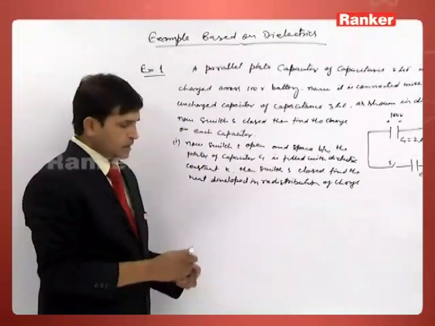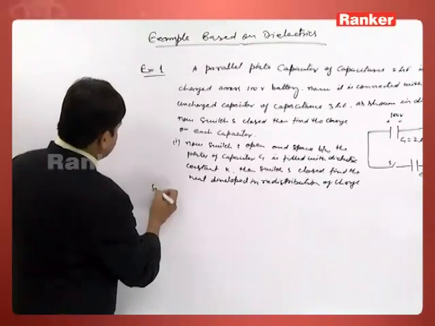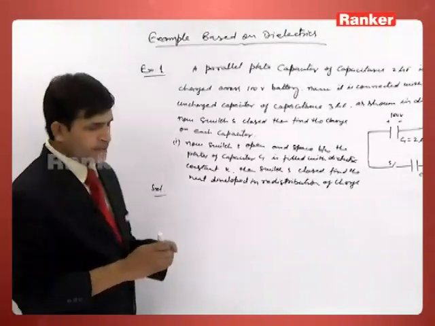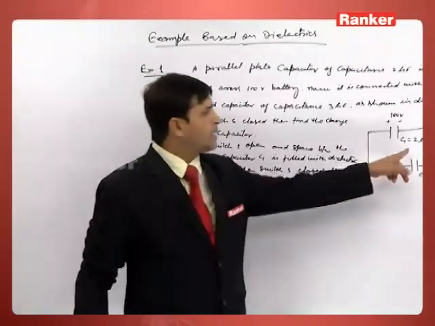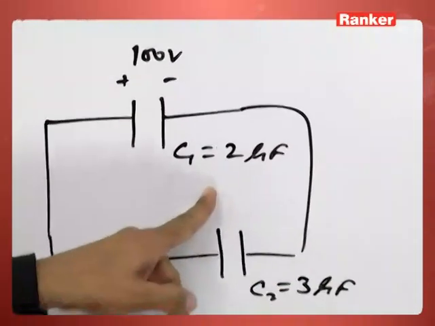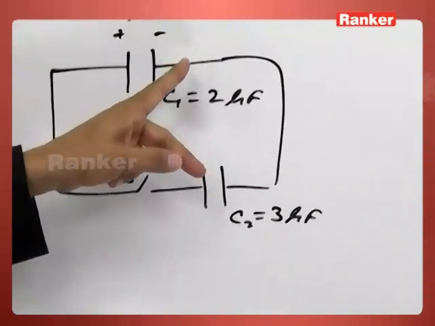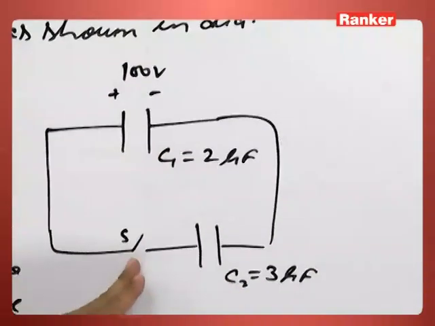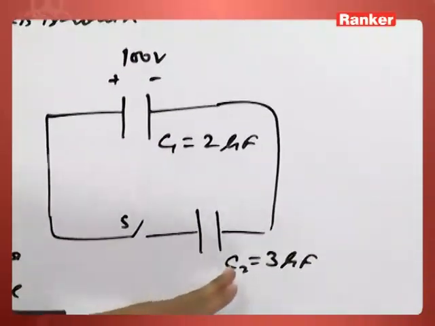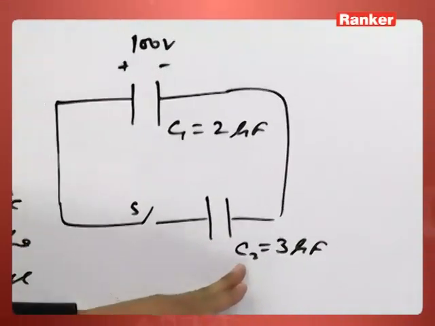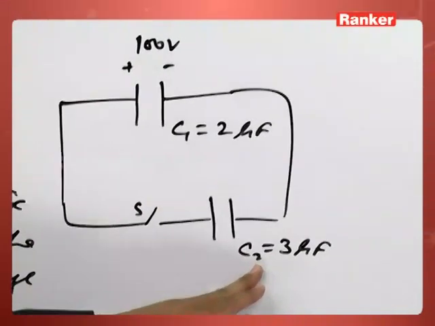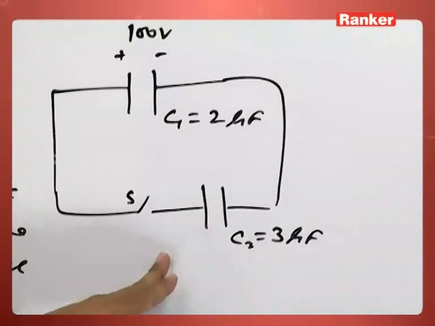See the solution here. First thing is that it is given that this is a capacitor of capacitance 2 microfarad. It has been charged with a 100-volt battery and it is connected with a switch S and an uncharged capacitor of 3 microfarad. First the switch S is closed.